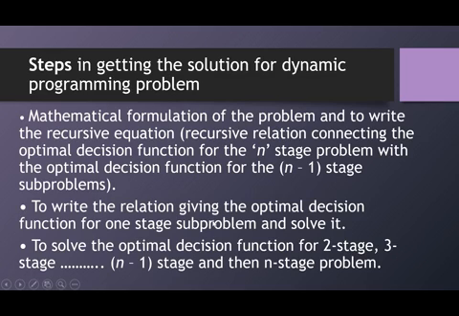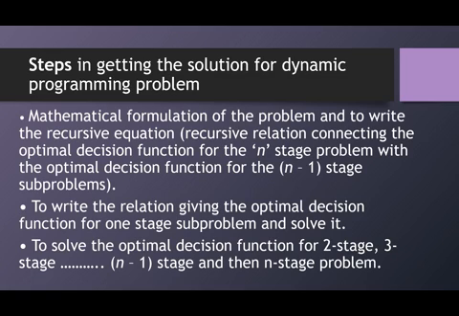To write the relation giving the optimal decision function for one stage subproblem and solve it. So what we do is we try to define an optimal decision function which will find a solution for one stage subproblem, or let me say the first stage. We solve it. We find out the results from that particular stage. Using that optimal decision function, we will then go on.